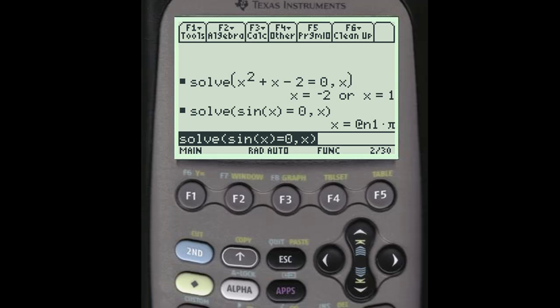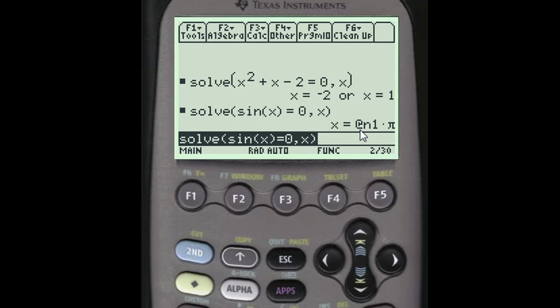Press enter, and you'll see it says x equals @n1 times pi. And what this means is you can replace this @n1, this means any number, or excuse me, any multiple of pi. So typically in your textbooks, or your professor might write it on the board as n pi or k pi. Those are what I'm familiar with.